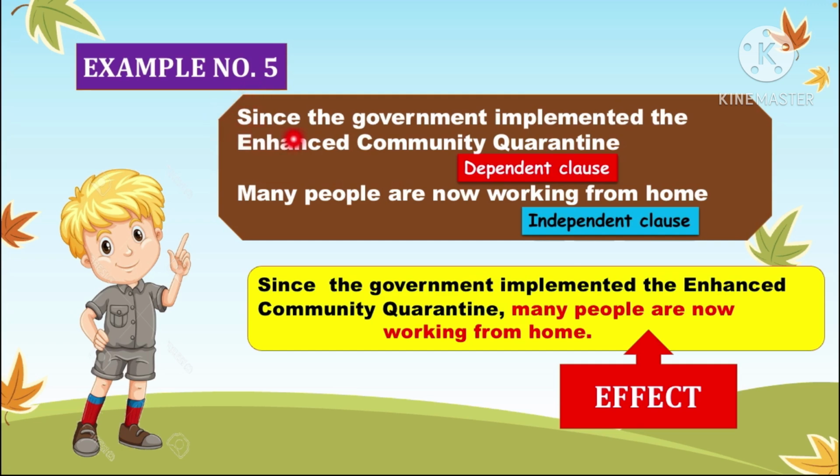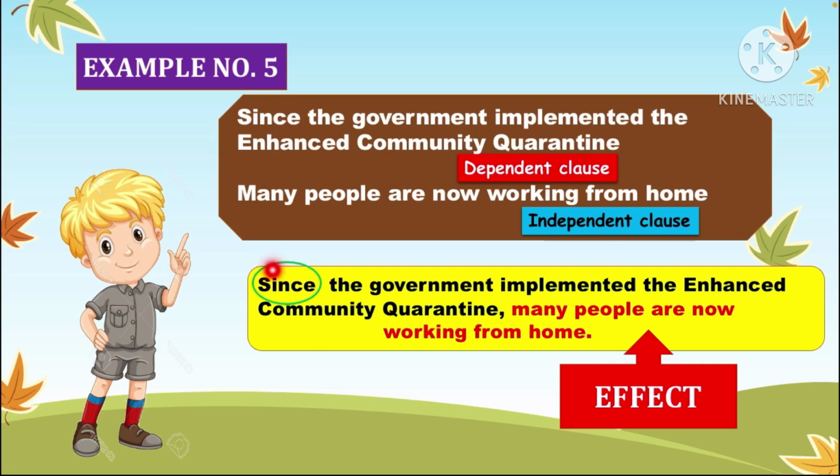The subordinating conjunction since is here, which serves as our clue that it is a dependent clause, while the independent clause does not have any subordinating conjunctions. So, on the complex sentence, the effect is many people are now working from home.